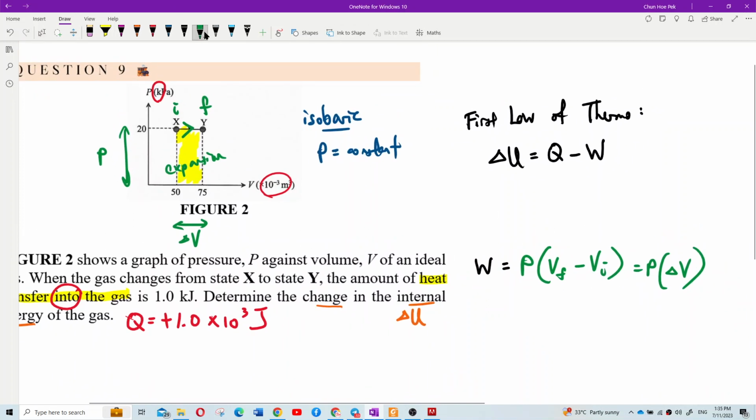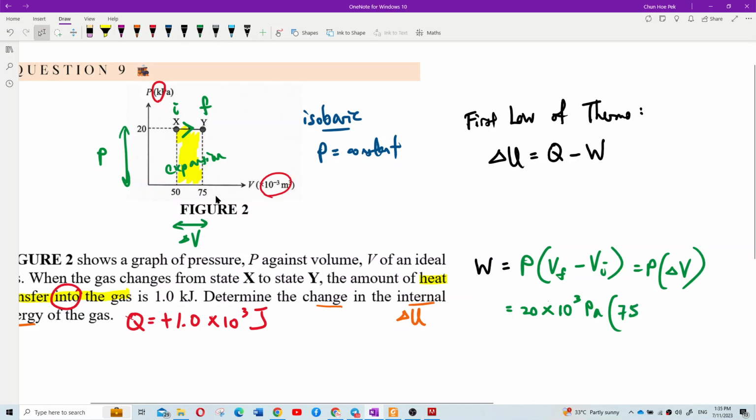Okay, let's do it. Pressure is what? 20 kilopascal. So exponent 3. Kilo is exponent 3 Pascal. V final 75.